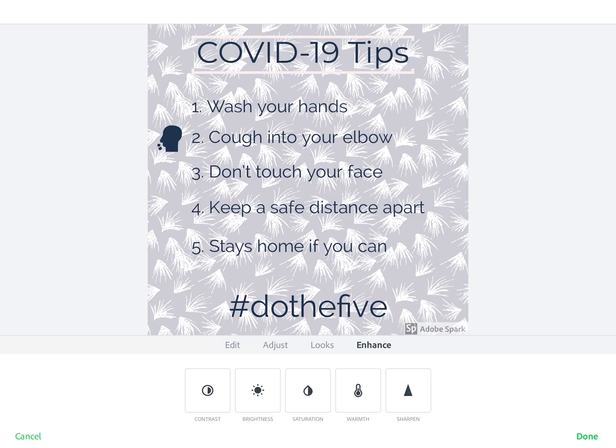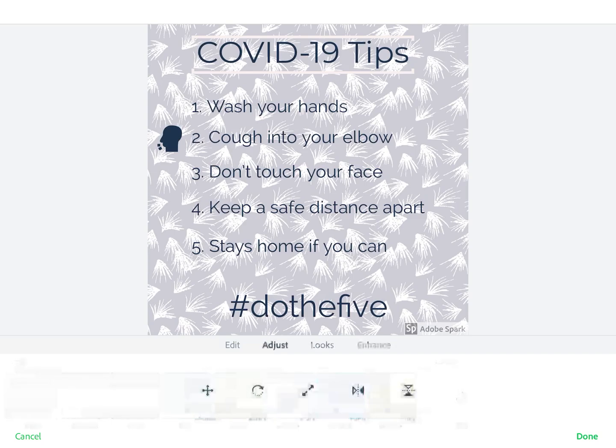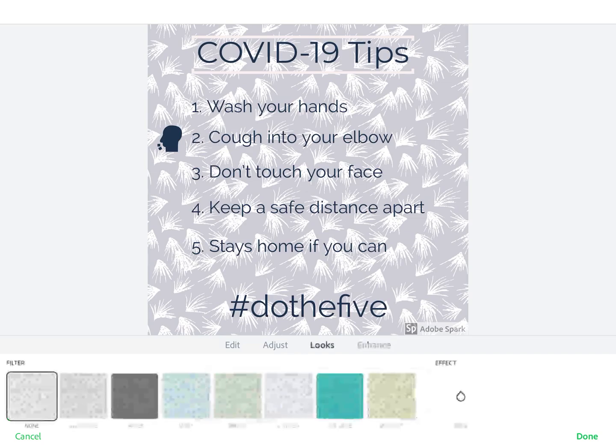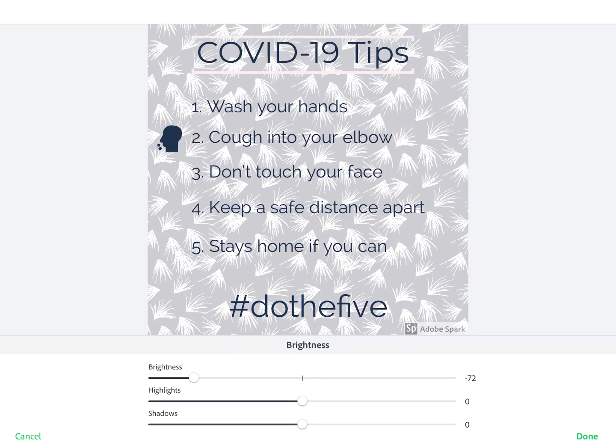So when you go in here to either enhance, looks, or adjust, you want to change the, what am I looking for? I am looking for the opacity, if I could find it. Maybe I'll drop down the saturation. Y'all know that it changes the color, but I'm looking for the opacity.